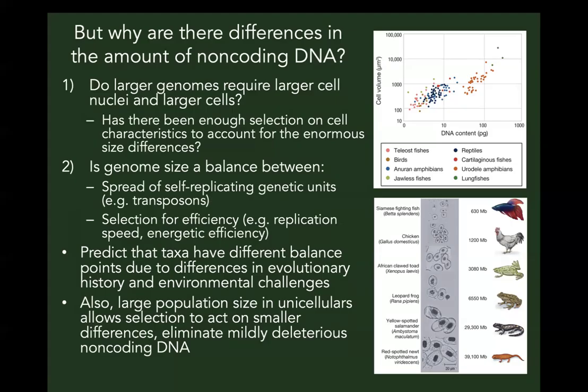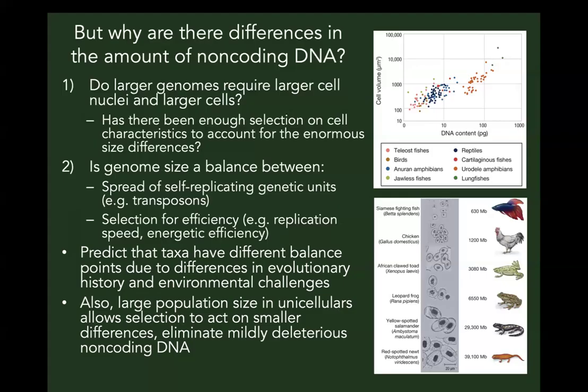Other elements are that when we're talking about unicellular organisms, they have huge population sizes, right? So even if there's only a small effect of selection, a tiny little selection differential, because of the huge population sizes, it is likely to have a larger effect in eliminating even slightly bad non-coding DNA like transposons.